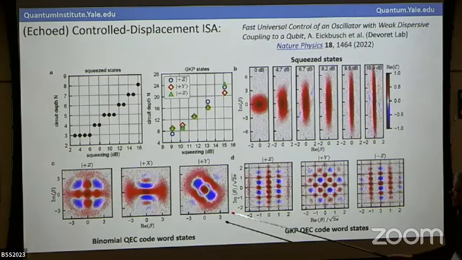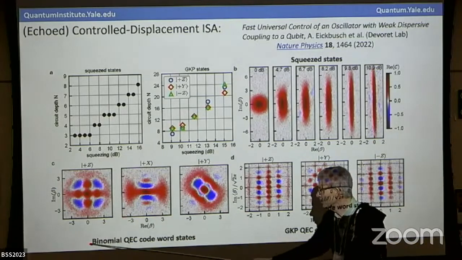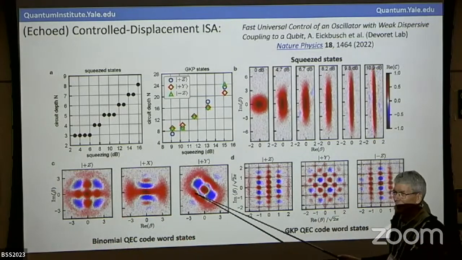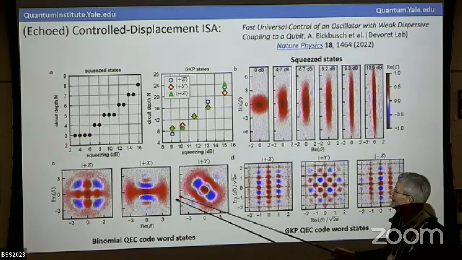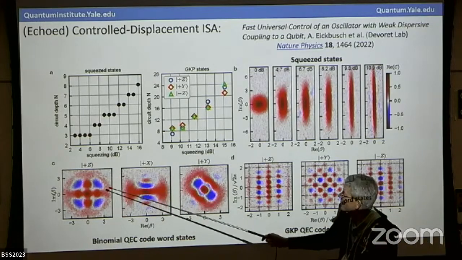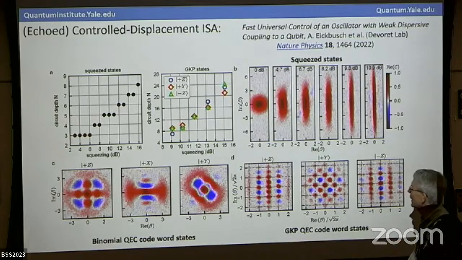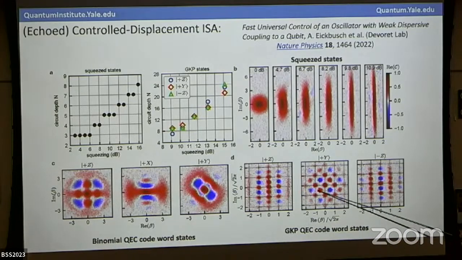I can make binomial quantum error correction code words that Liang Zhang talked about in a small number of steps. And tomorrow I'll talk about the GKP quantum error correction code, in which the Wigner function states are lattices in phase space. All this is experimental data? Yes, it's all data.